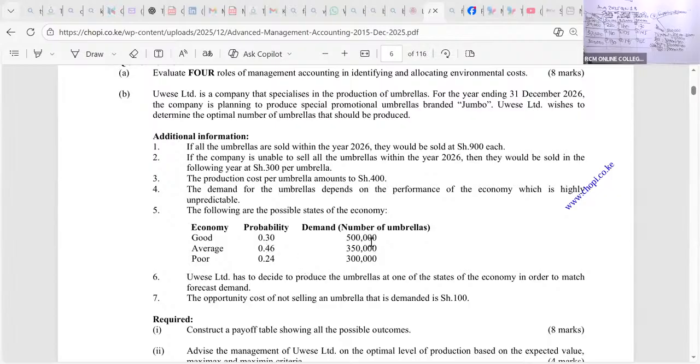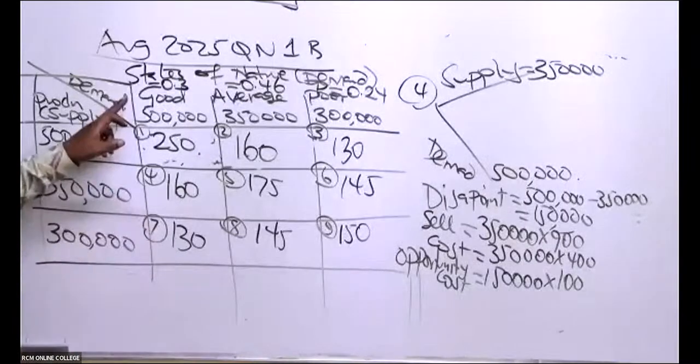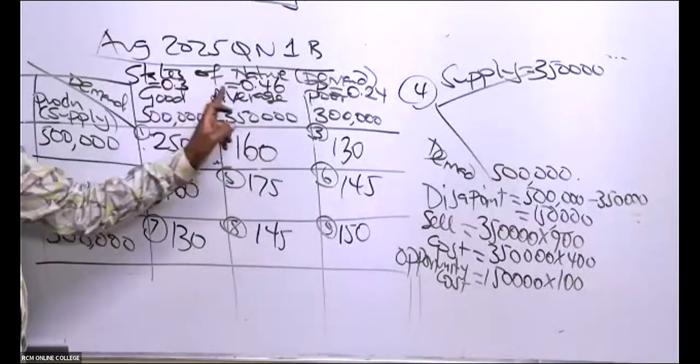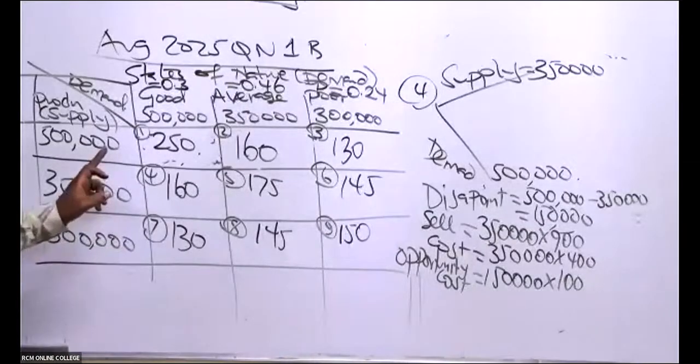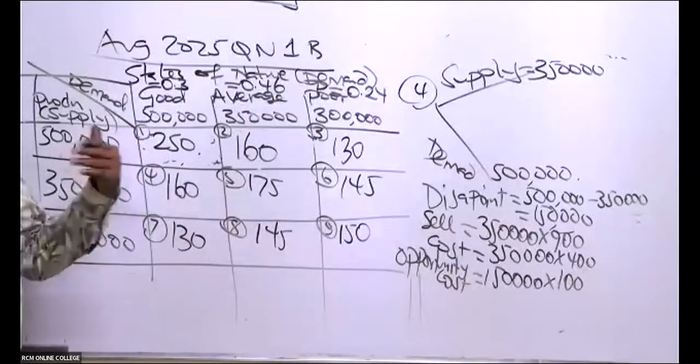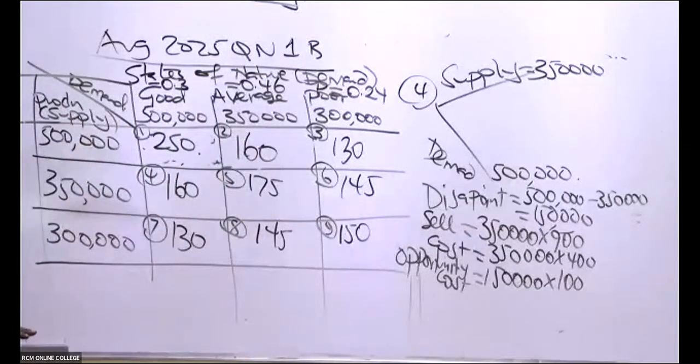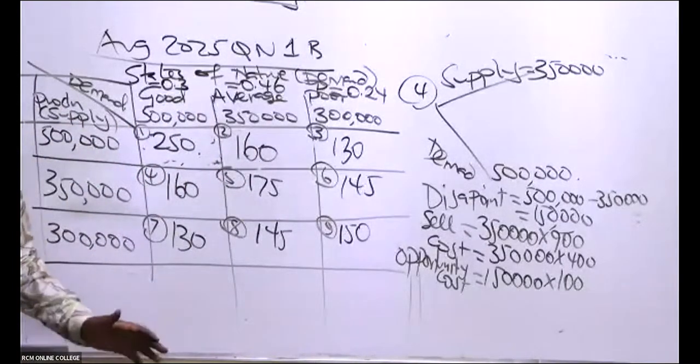With probabilities, and of course, you can see number of umbrellas demanded. So all this will go to the states of nature area. You can see the state of the economy, the demanded umbrellas, the probabilities like that. And then because we have here the demand, demand should be equal to supply. So I must match those numbers downwards.